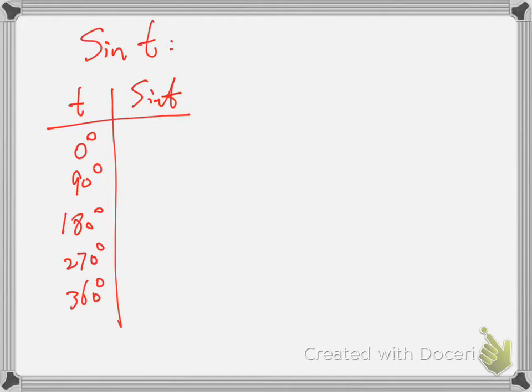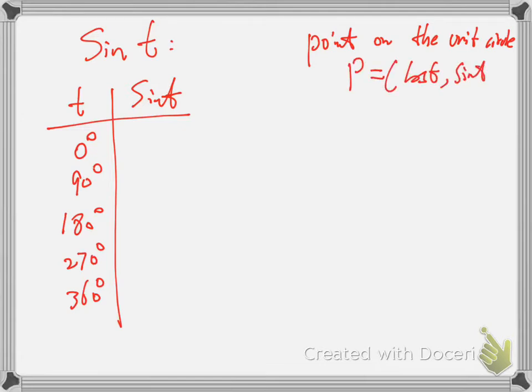And I just said we need the unit circle. Any point on the unit circle is cosine t, comma, sine t. So now let's draw the unit circle.